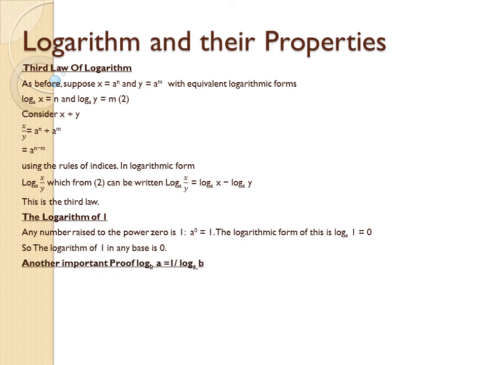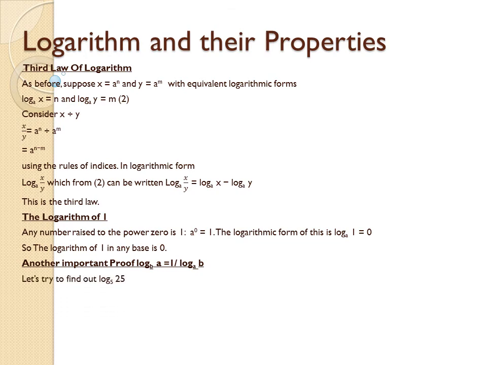Another important property is log a to the base b equals 1 by log b to the base a. That is the interchange of bases, where the opposite base is taken as 1 divided by.